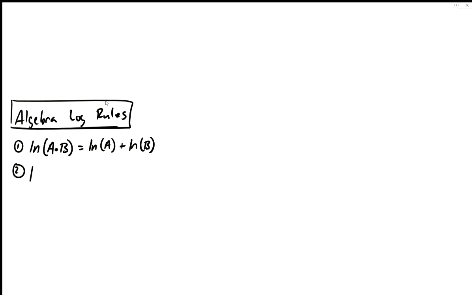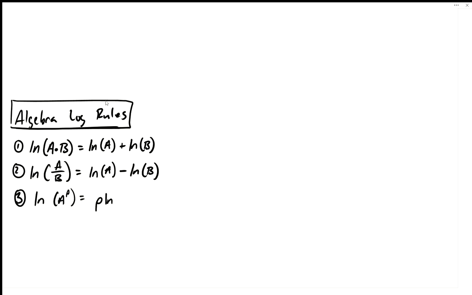Number 2, if those two are divided, so ln of A divided by B, well, it looks similar to above, but change it to minus. Okay, so ln of A minus ln of B. And then the third algebra rule that can really help us is if we have this A raised to a power, then we can move the power to the front like a coefficient.